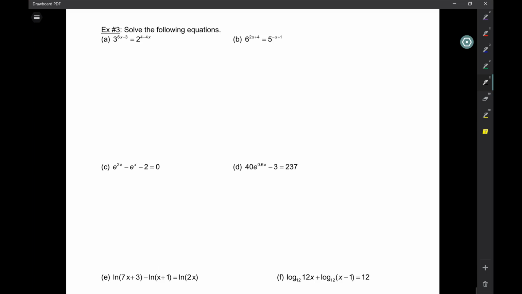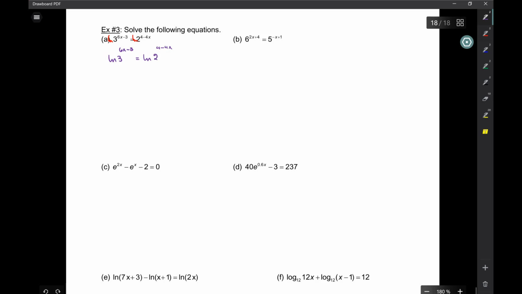Okay, all right, now here, these are the longer problems. Now, here I have 3 to the power of this and 2 to the power of this. So in order for them to be the same on the left side and the right side, we're going to take the ln of both sides. So if I rewrite this, what I have here is ln 3 to the power of 6x minus 3 equals ln 2 to the power of 4 minus 4x.